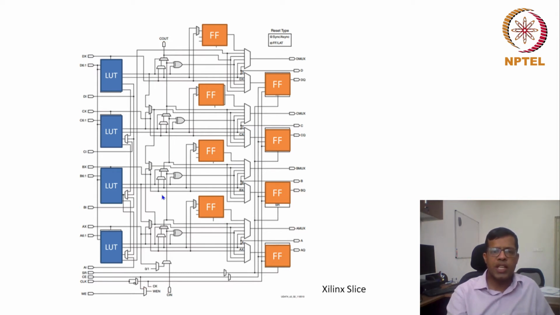This carry chain circuit helps us propagate the carry. This is a ripple carry going from Cin here. The output gives the sum as well as the carry, and that carry could be given as the input to the next stage, and so on and so forth.